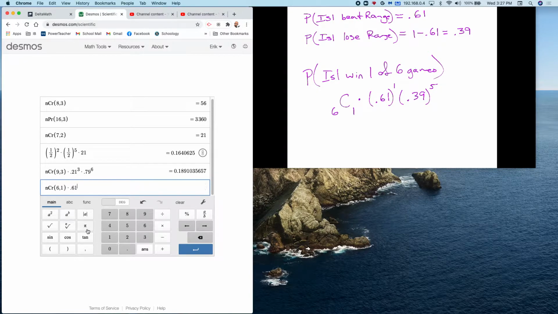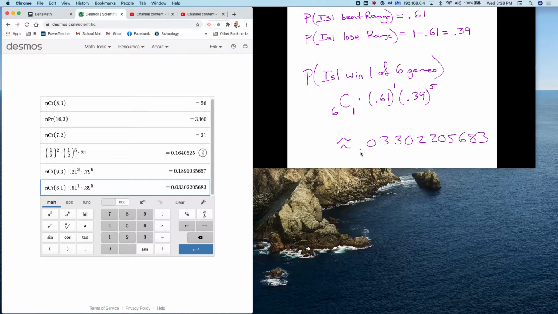We can raise that to the first power. You really wouldn't need to because it's just the first power, but I'll do it anyway just so you see the formula. Times 0.39 to the 5th power. So we get roughly 0.03302205683, whatever that is. That's a decimal.